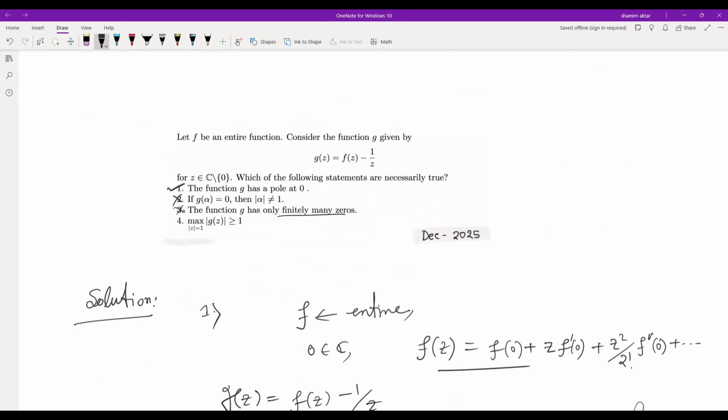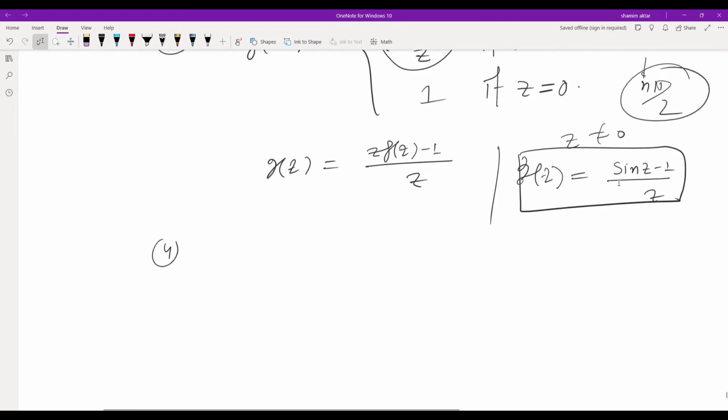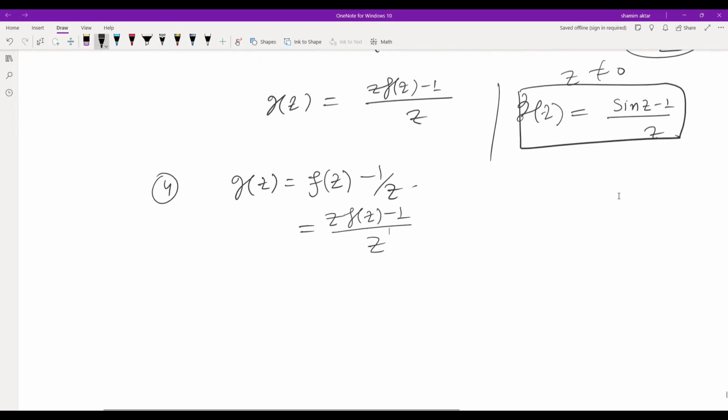Now option 4 says the maximum of |g(z)| is equal to 1. Here g(z) = f(z) - 1/z, which can also be written as (z f(z) - 1)/z.